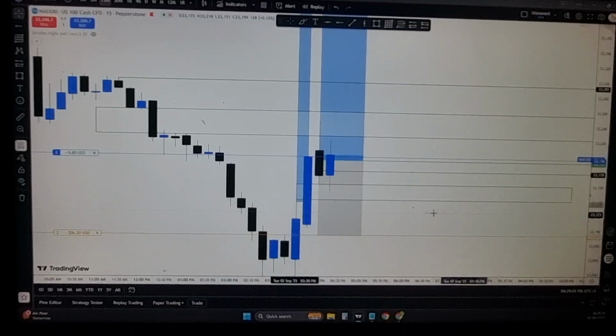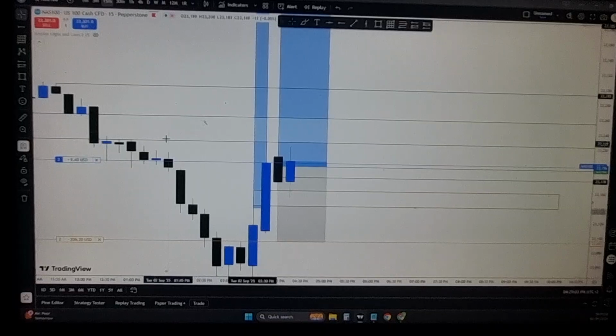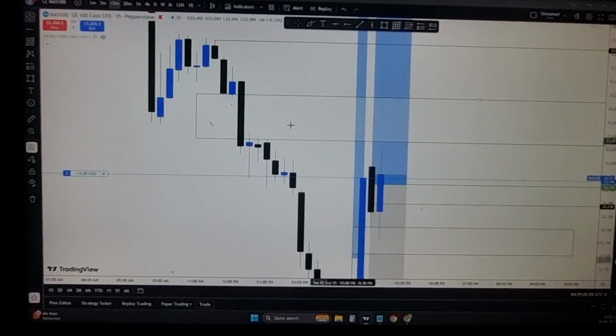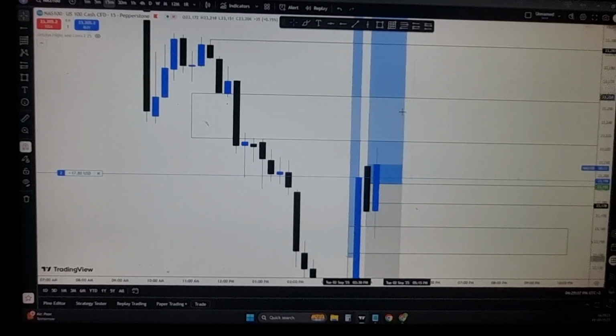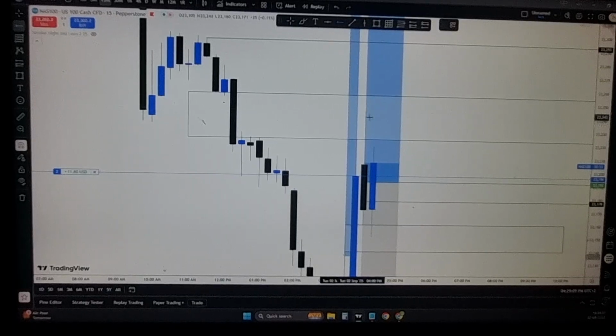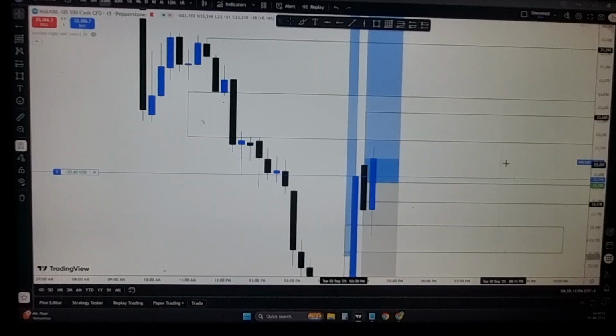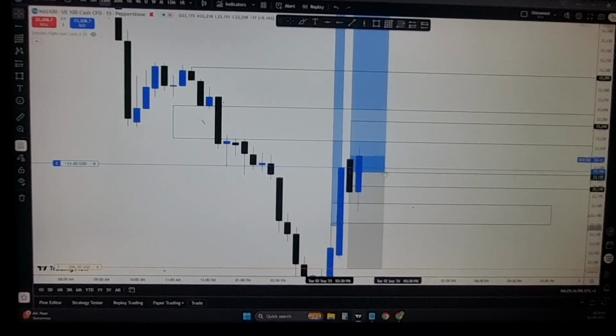Okay, this is gonna be amazing. If we break 15 minutes structure, which doesn't look like it's gonna happen with this candle close.